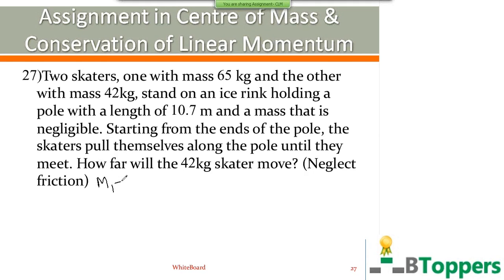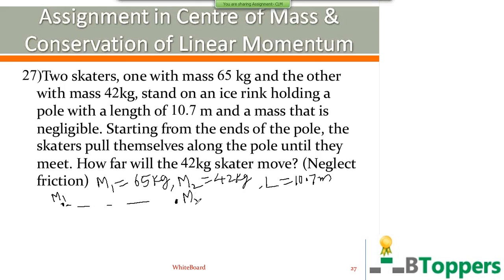The mass of the first body is denoted by m1, equal to 65 kg. The mass of the second body is m2, equal to 42 kg. The initial separation between the two masses is denoted by L, that is 10.7 meters. The two masses move towards each other only due to mutual internal forces.